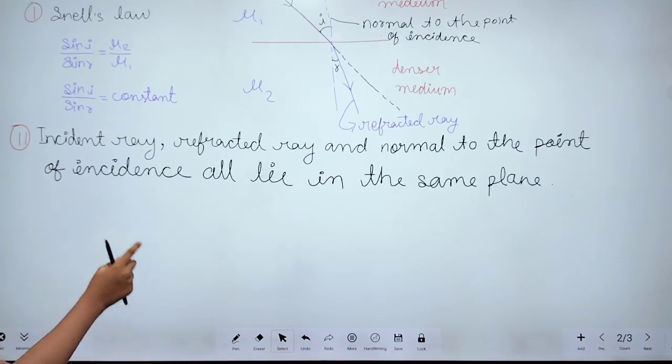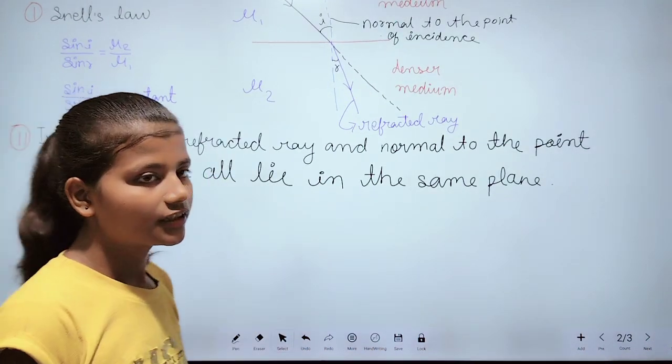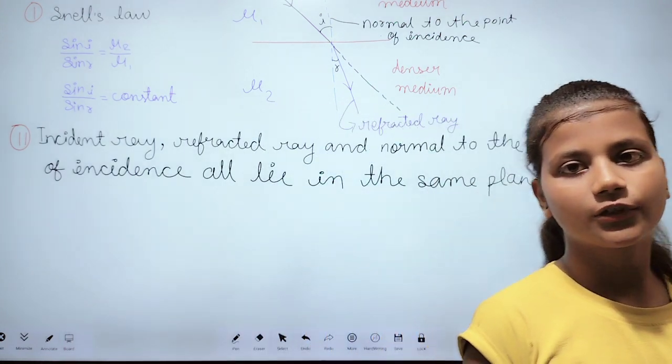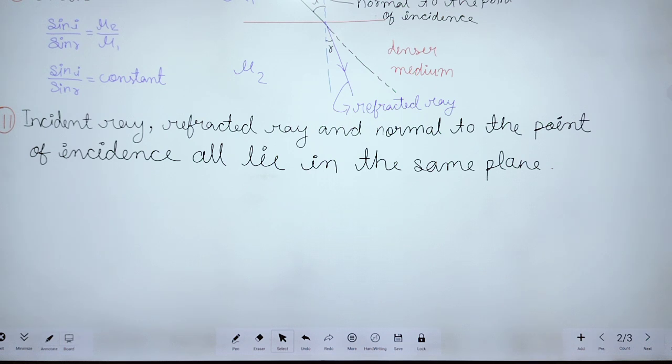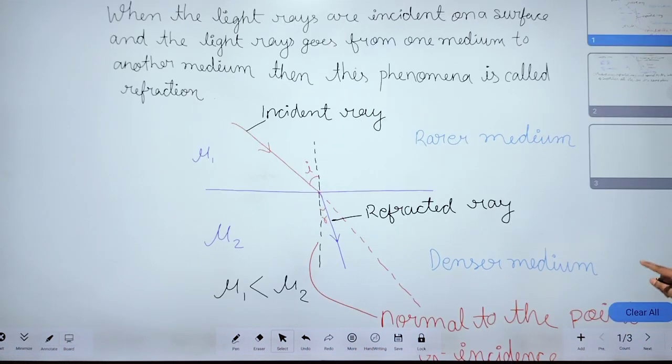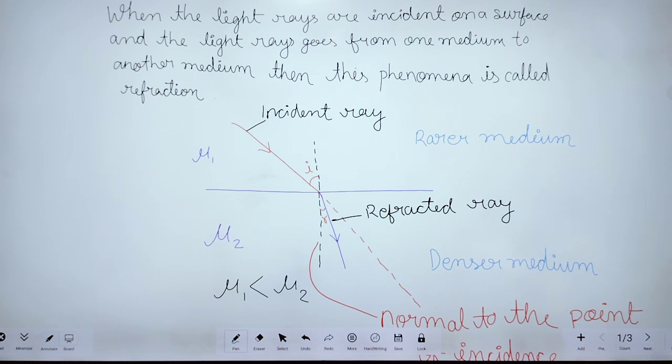And the second one is incident ray, refracted ray, and normal to the point of incidence all lie in the same plane. So I hope you understand what refraction is and what the laws of refraction are.